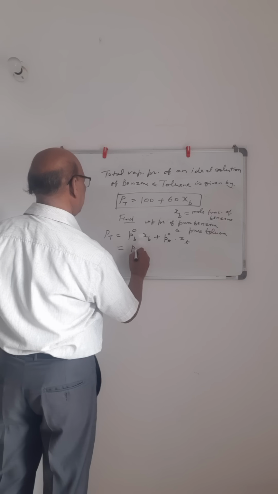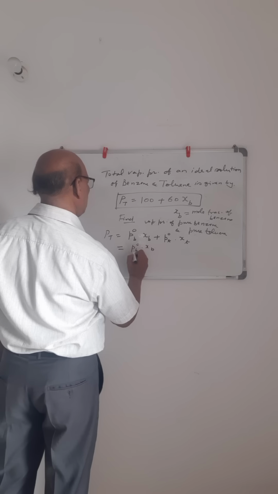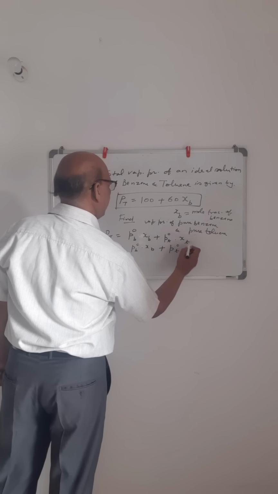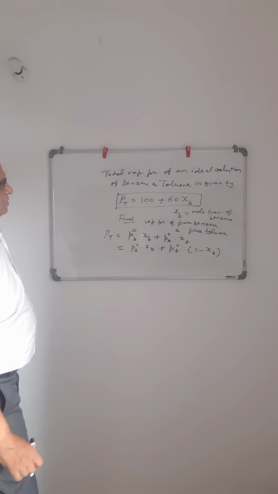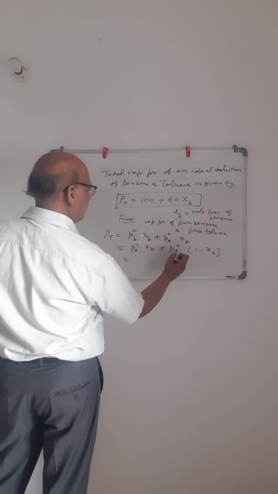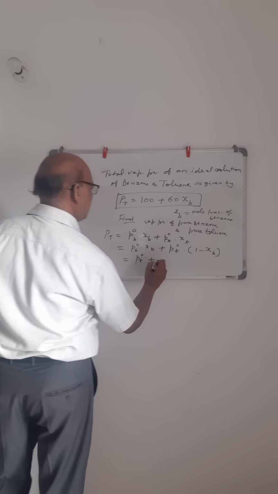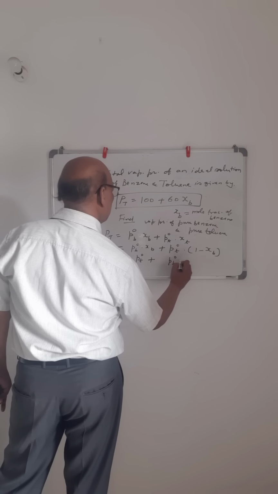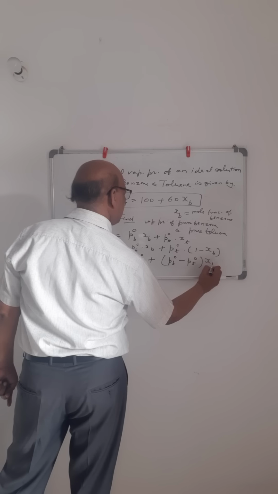We write PB naught into XB plus PT naught into XT, and XT I will write as 1 minus X benzene, because benzene and toluene form the mixture. So this will become PT naught plus, taking XB common, PB naught minus PT naught into XB.